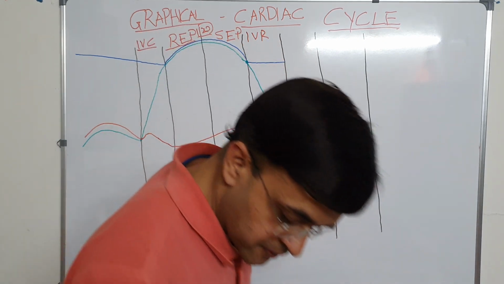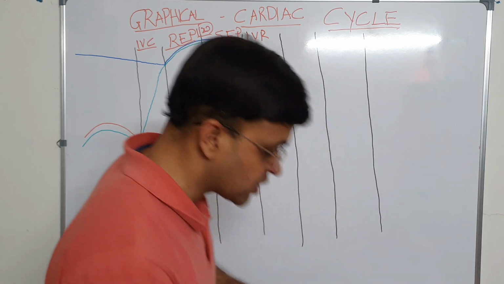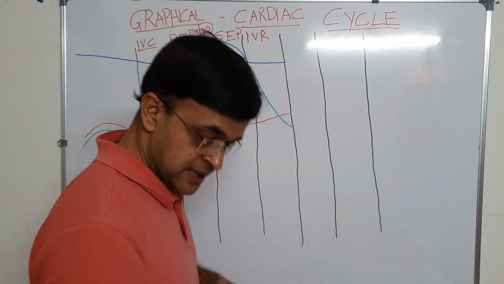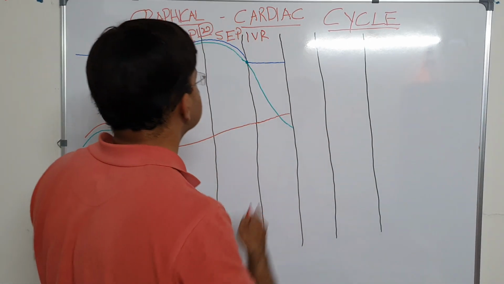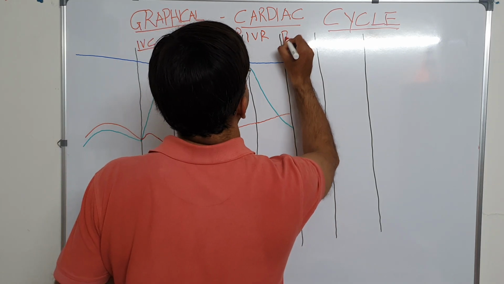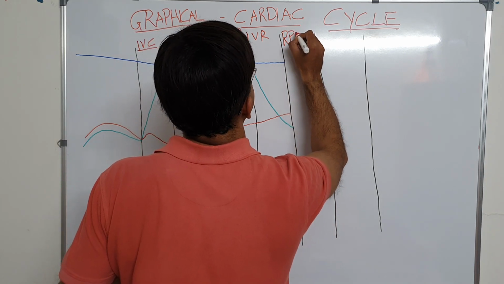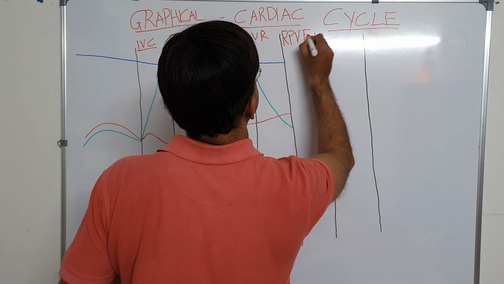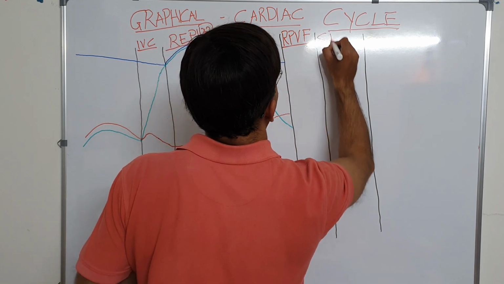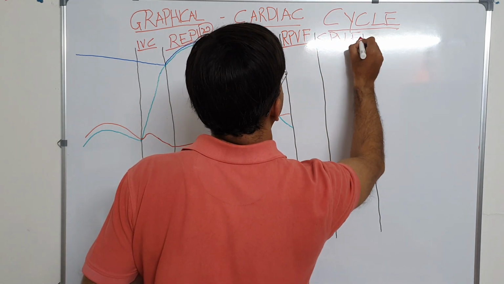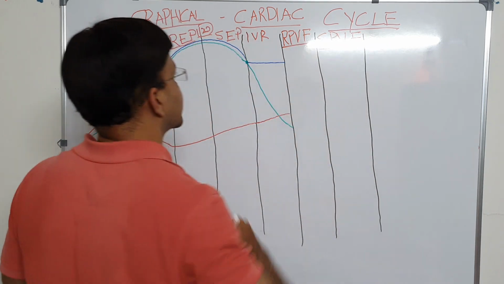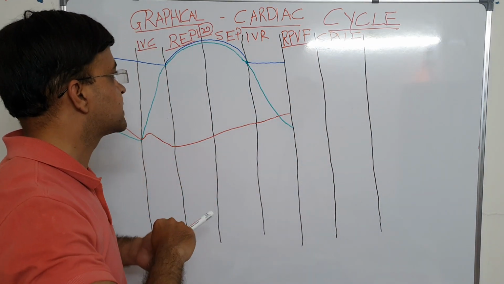Rapid passive ventricular filling: there's no atrial contraction, but the flow of blood is rapid, right? And slow passive ventricular filling, right?